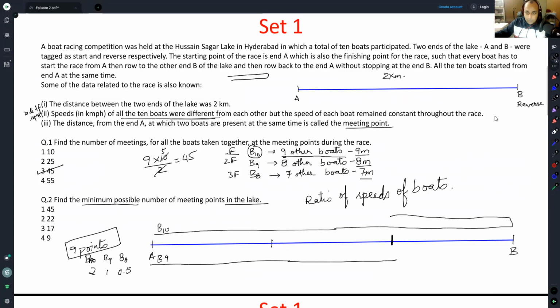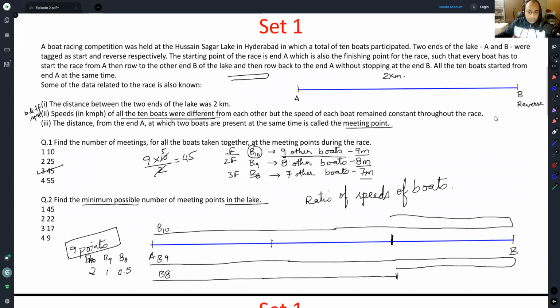By the time boat 9 travels 4 parts, boat 8 would have traveled 2 parts. And now this meeting point which we had identified for 10 and 9 is also the new meeting point for boat 9 and boat 8.